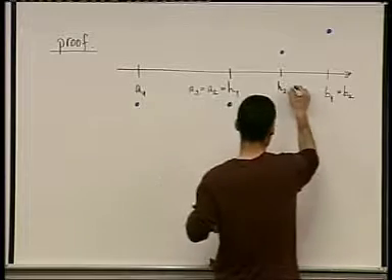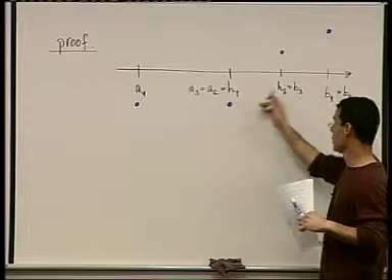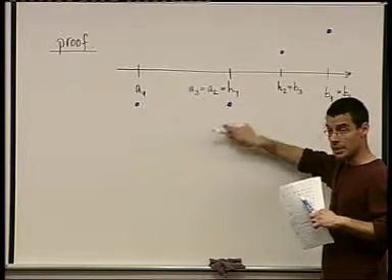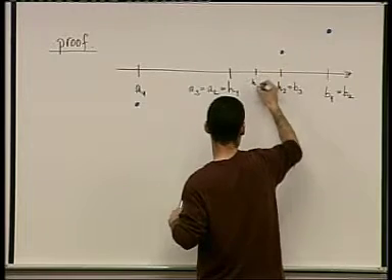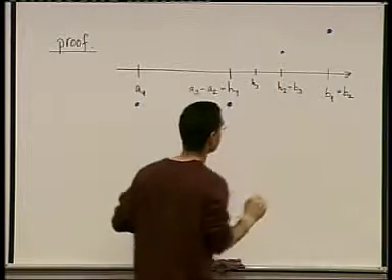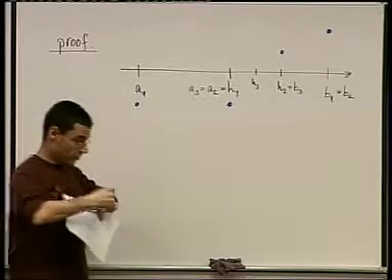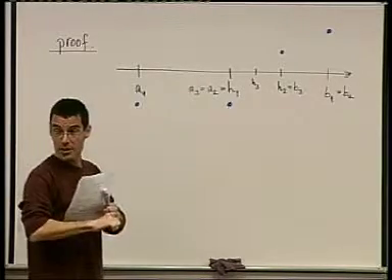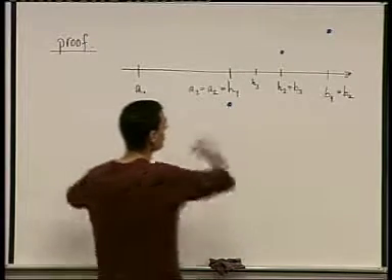And H2 I'm now also going to call B3. And I'm going to look at the interval A3, B3. It's negative here, it's positive here. Let's look at the middle, H3. If it happens to be 0, I'm done. If not, it's either positive or negative. Negative. There we go.